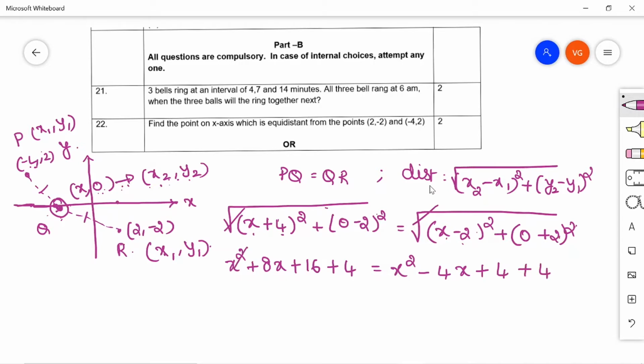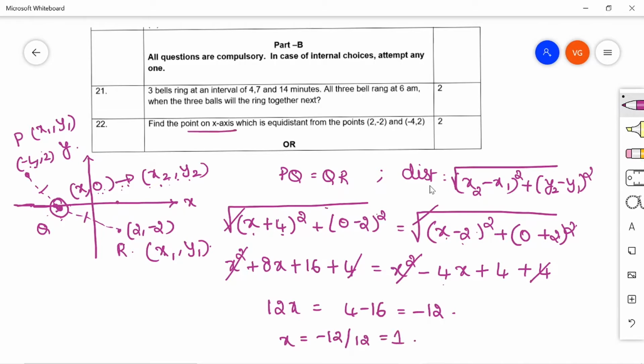So cancel x square and this 4 also will get cancelled. Now I am writing all x one side and the numbers one side, 8x and this is minus 4x, right? So that will be 12x is equal to 4 minus 16, that is minus 12. So x is equal to minus 12 by 12, that is equal to -1.